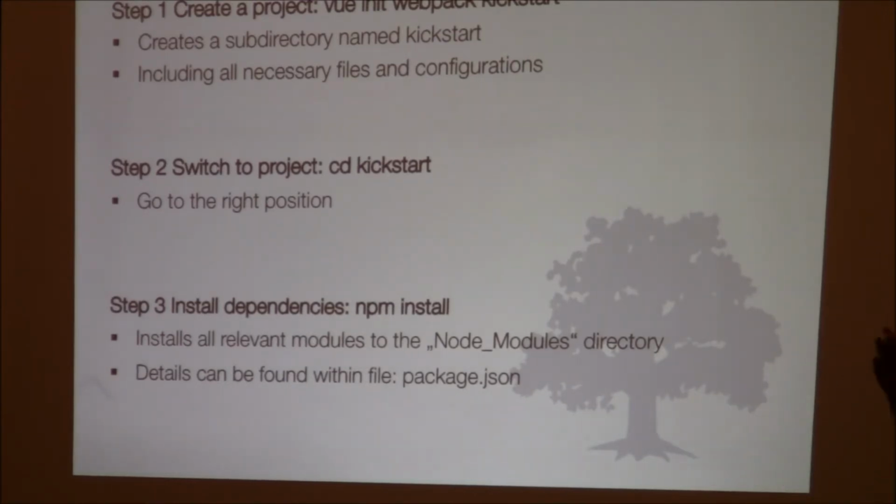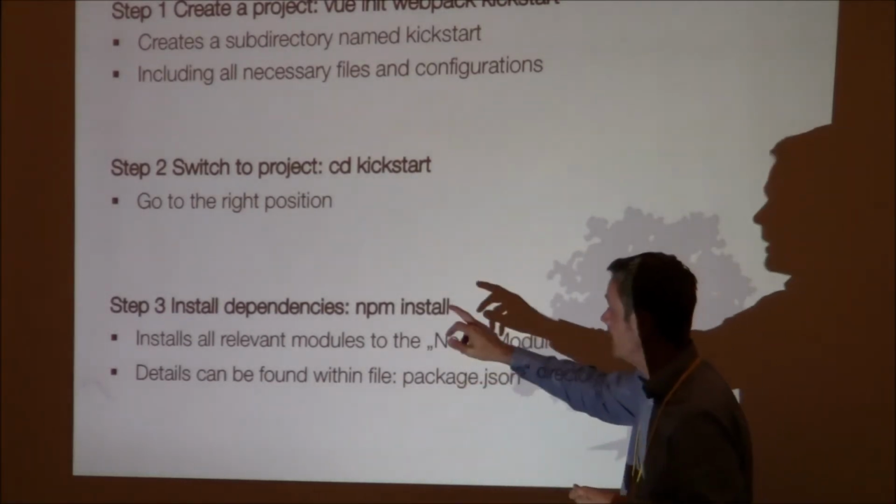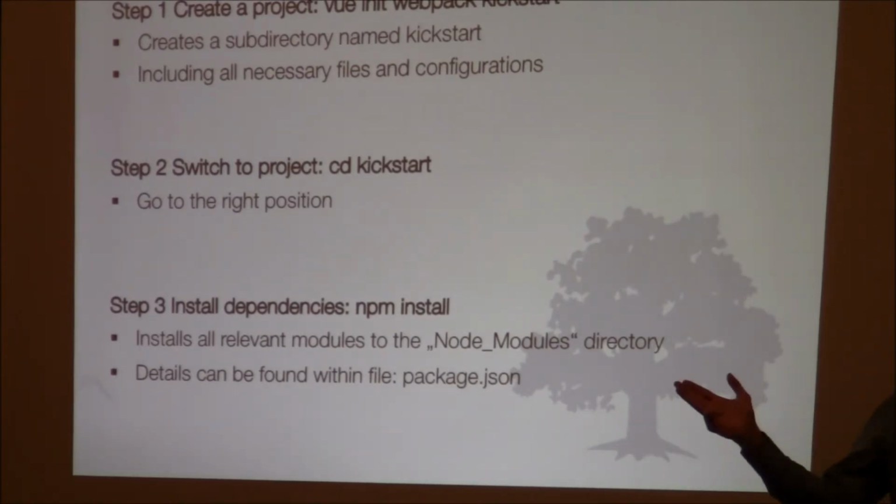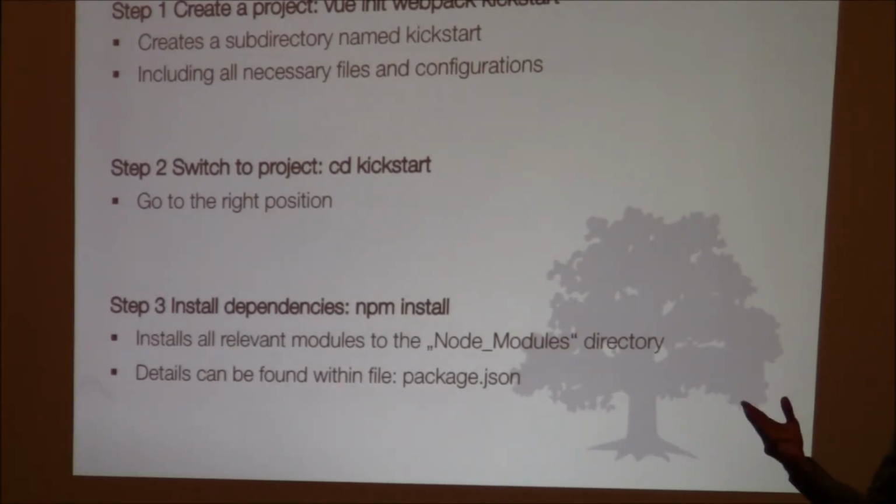So it's just a description. Use this module, use this module, use this module. And by entering npm install once, all the needed modules are downloaded automatically. So you have all on your machine and it works. Your Kickstart project is done.